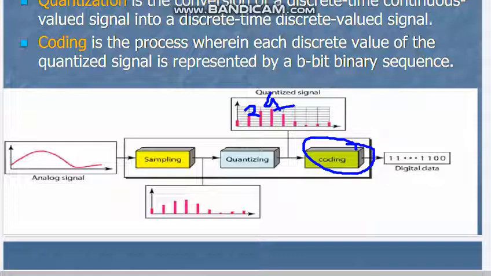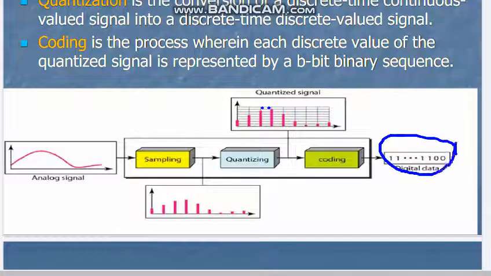You have taken the value and you represent it with binary digits, b-bit binary digits. Coding just means converting these decimal figures or any kind of data to binary or digital data. So that is the coding process. That means converting a quantized signal to digital data is known as the coding process.